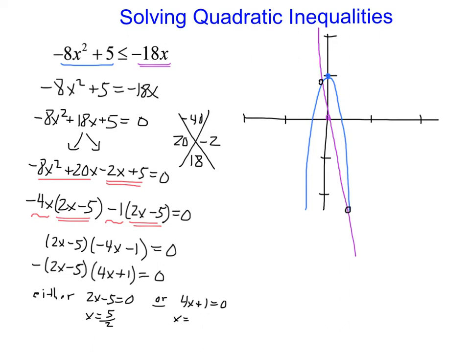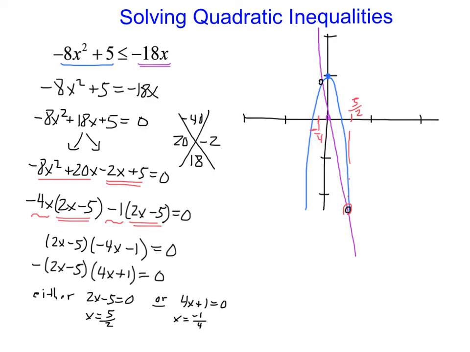And over here, move the 1 over, you get negative 1 divided by 4, negative 1/4. So that's where those intersections are. Way over here, we're going to have this one at negative 1/4. And this one down here, that's going to be at 5 halves, or 2.5.